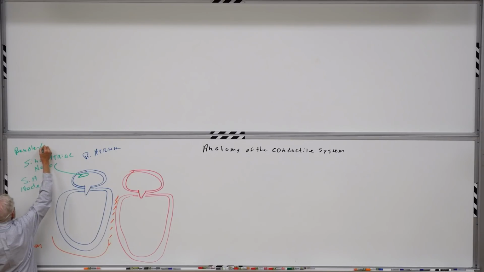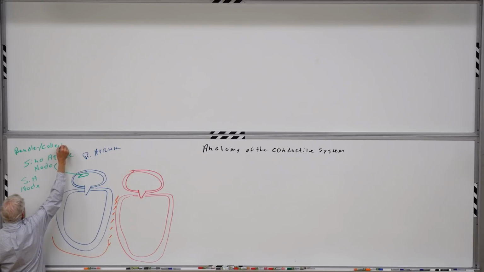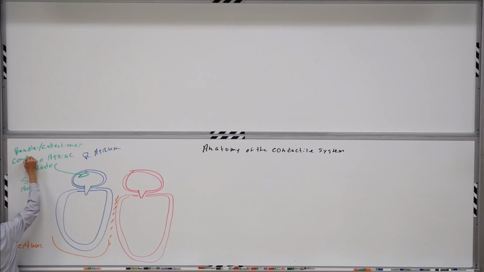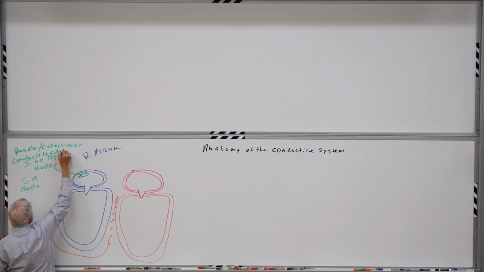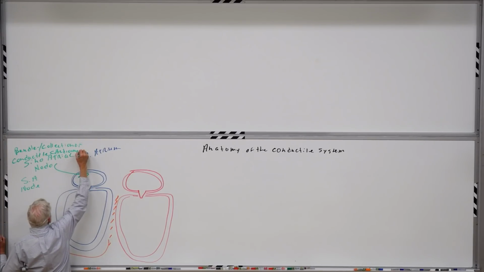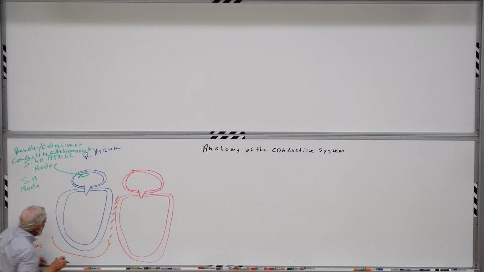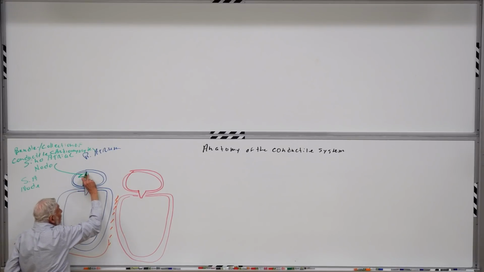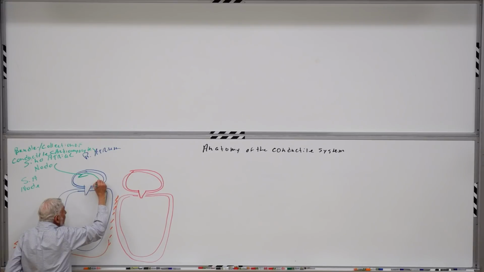or collection of conductile cardiomyocytes. There are bundles of cardiomyocytes, conductile cardiomyocytes, that come out of this structure, and I'll show 3 of them here.